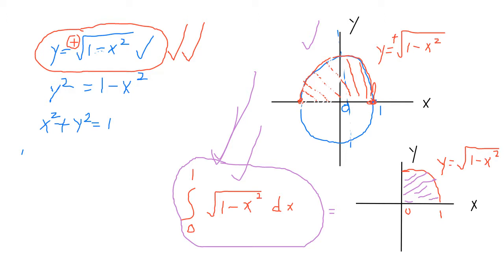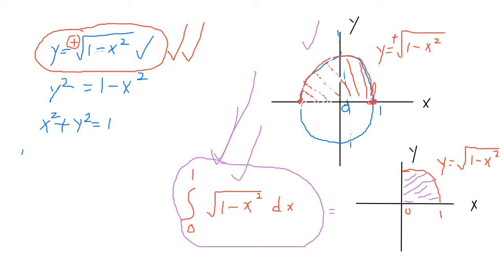Now, are there any questions on that? What would the area be of that quarter circle? Let's see, John says pi over 4, and you are right.